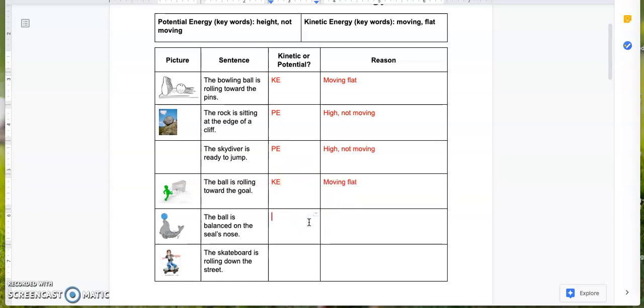Bouncing on a seal's nose, that ball has potential energy because it is up high and it is not moving. Skateboard guy rolling down the street, that is kinetic energy because he is moving flat. If you did not get this, you need to press pause, fix it, and press play to begin again.